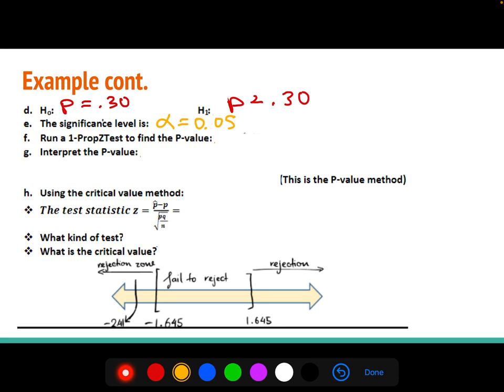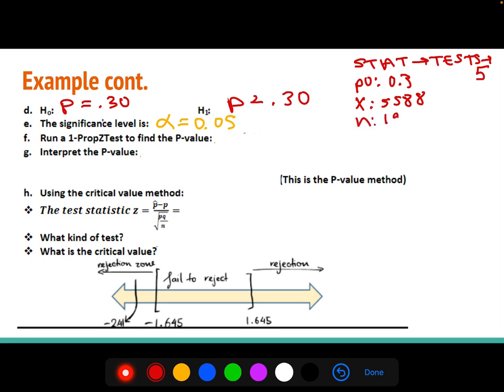Now, to do a prop Z test to find the p-value, and you can use your calculator for this, you go to stat, over to test, and I believe it's choice 5 that you'll choose. And for P naught, that is 0.3. For X, that is 5588 people.